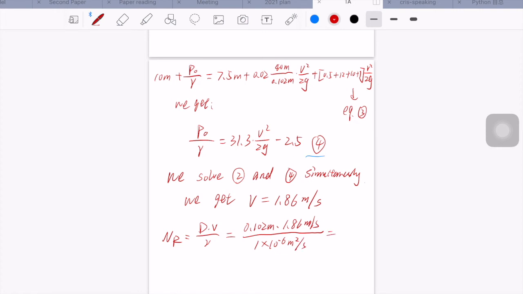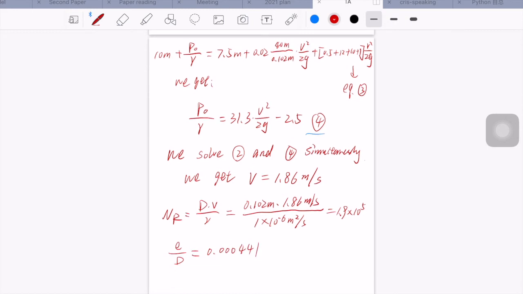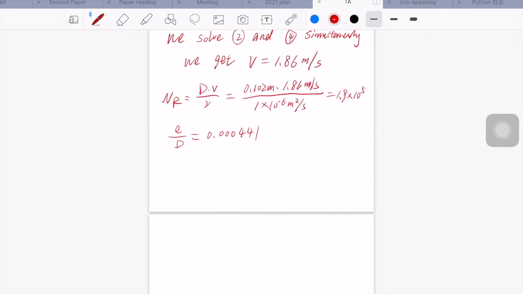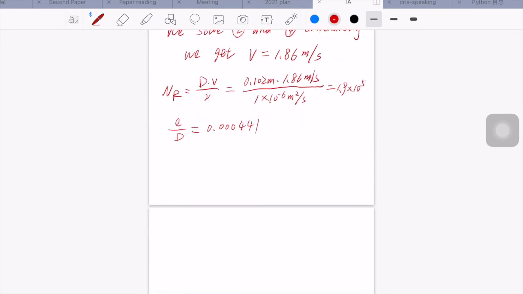So the value is 1.9 times 10 to the power of 5. Because we know the relative roughness equals 0.00441, from the Moody diagram we can find that the friction factor f equals 0.0185.